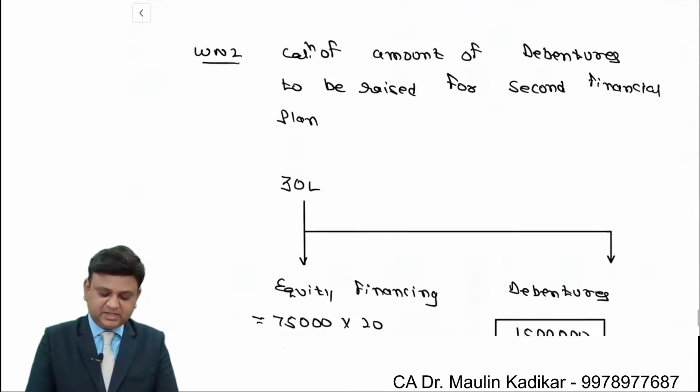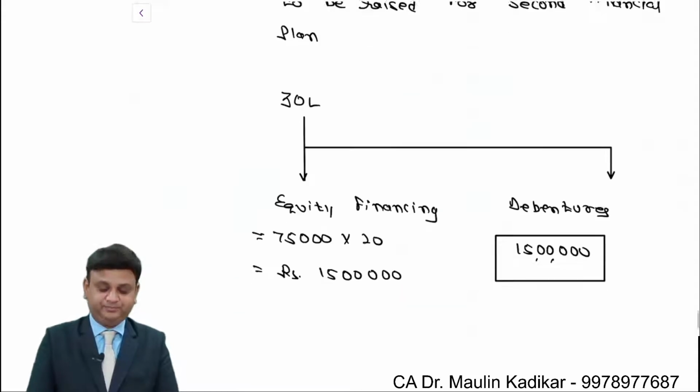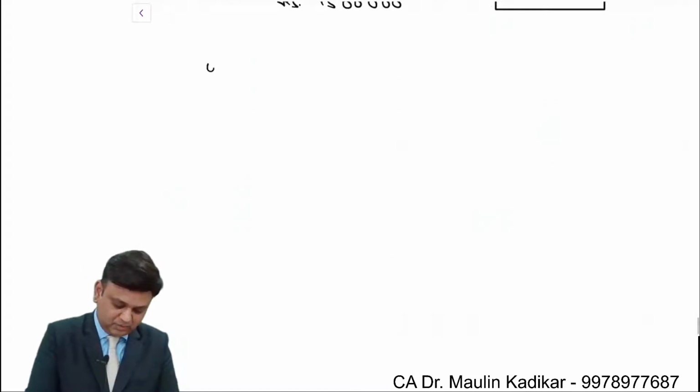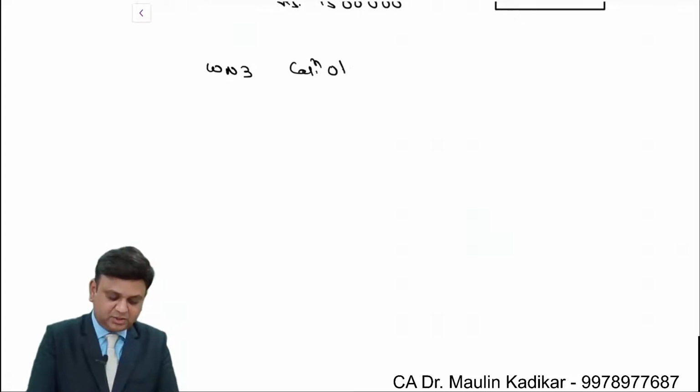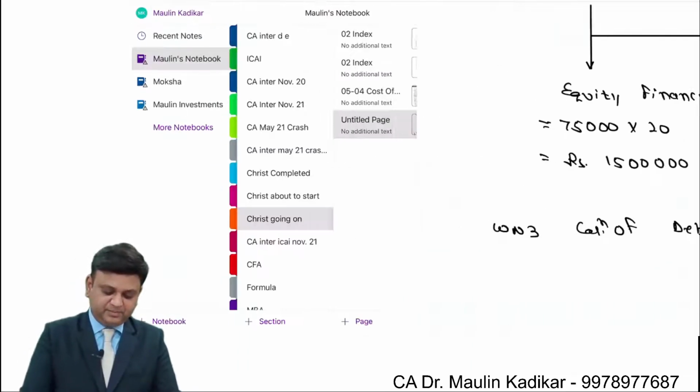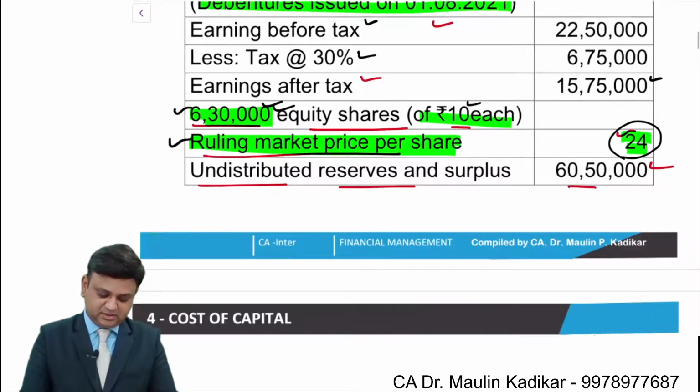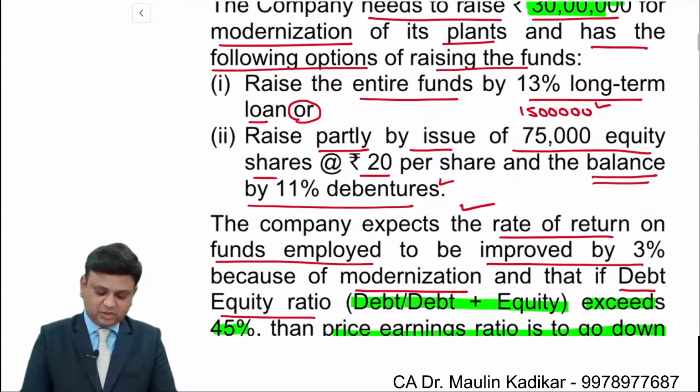The next is the debt equity ratio to be calculated. So working note number 3, calculation of debt equity ratio. We have been provided with two plans.